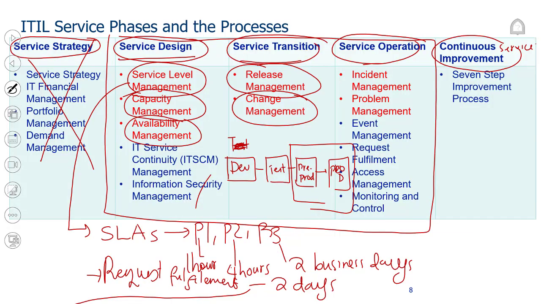Everybody should have got these slides. If you don't have the slides, I'll share it again. Yes, Omar, I say just focus on those phases and those services. Correct.